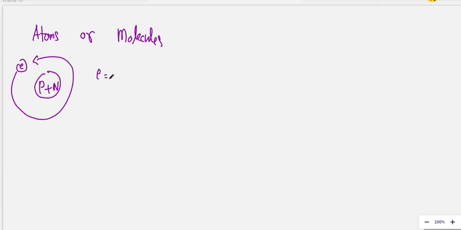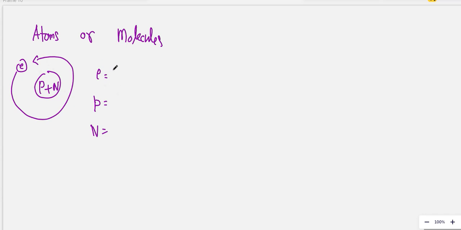These are the three basic particles. The word fundamental is not more appropriate for proton and neutron because they are made up of other fundamental particles. So the basic particles which we have in an atom are electron, proton, and neutron. Proton and neutron are inside the nucleus, and electron is orbiting the nucleus.